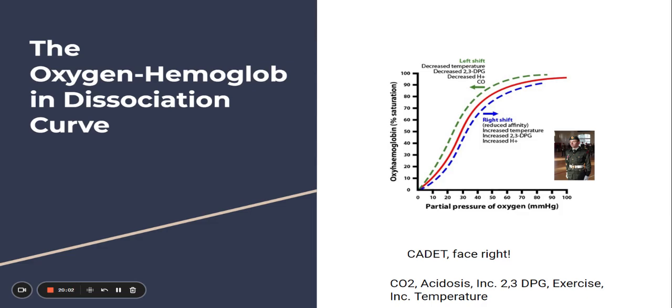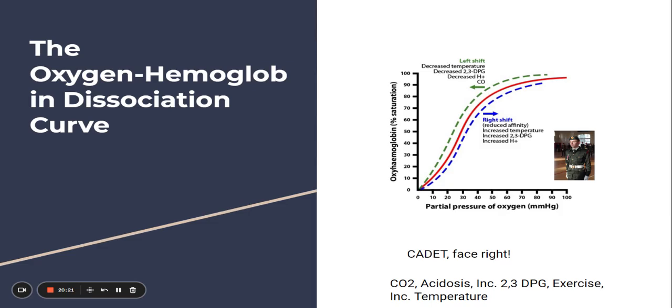Why is that important to know? Simply put, when we have any of these states, we can think of hypothermia, hyperthermia. We can think of a patient who is acidotic, alkalotic. We can think of a patient who is exercising, a patient who is febrile.